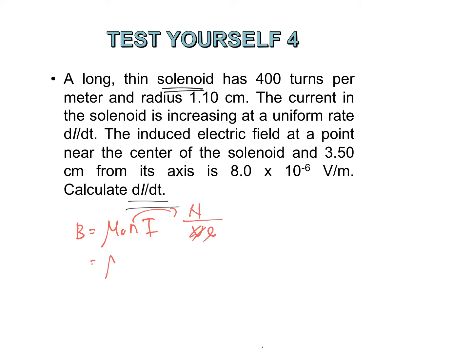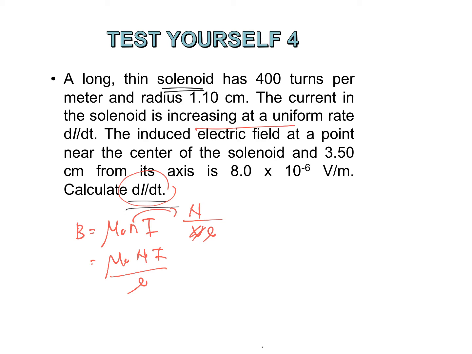So the original is mu naught N I over L. Now because the question asks you to find the change of current, the increasing of current, definitely you are going to use the formula of the induced EMF.